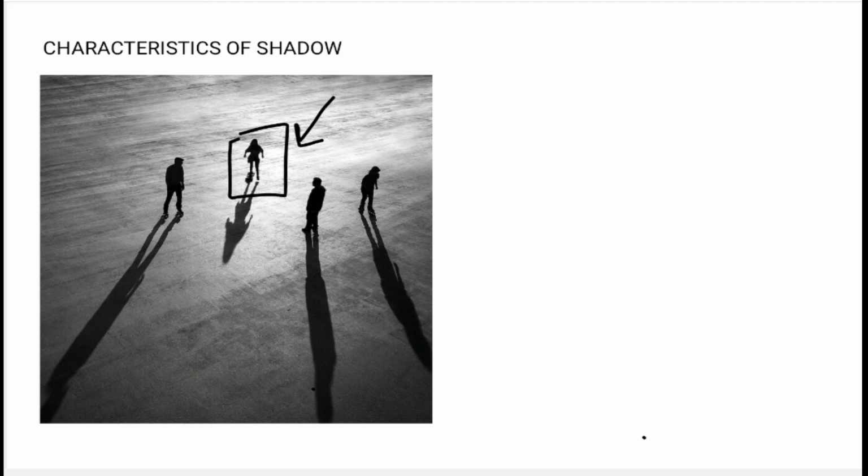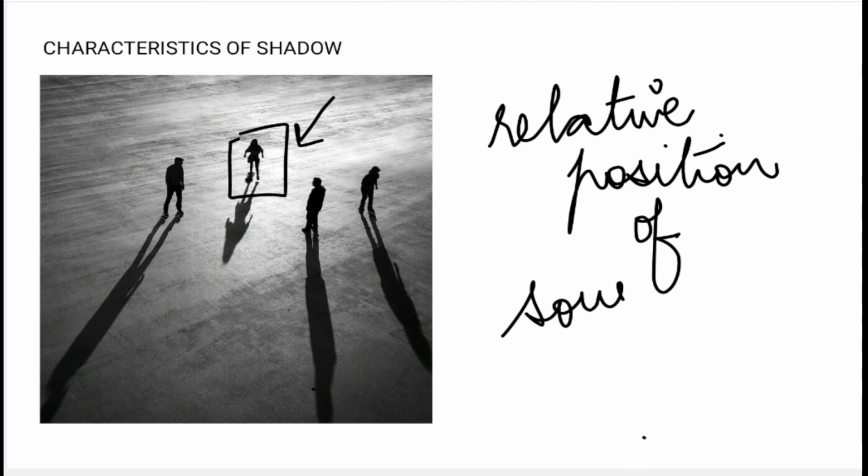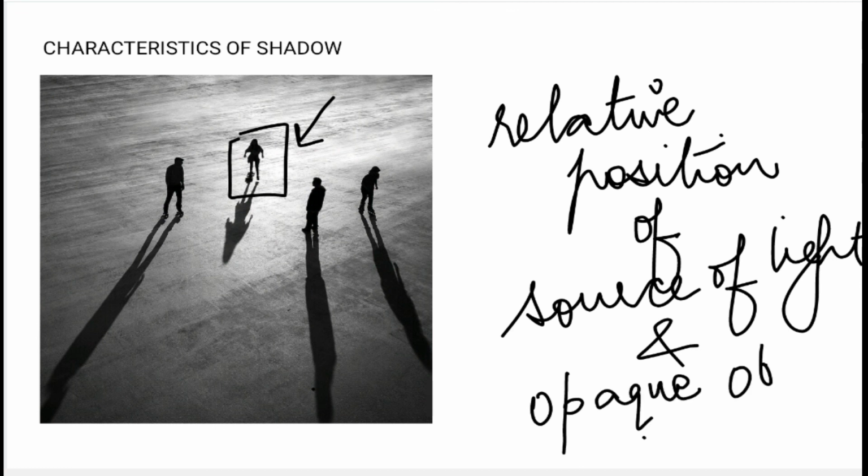So what is the relative position of the source of light, and what is the relative position of the opaque object? We will study that the size of the shadow depends upon the position of the opaque object.